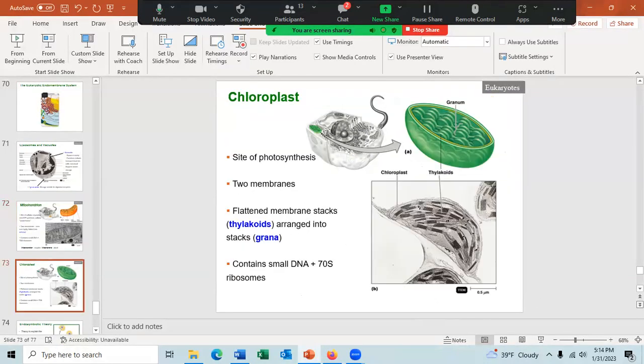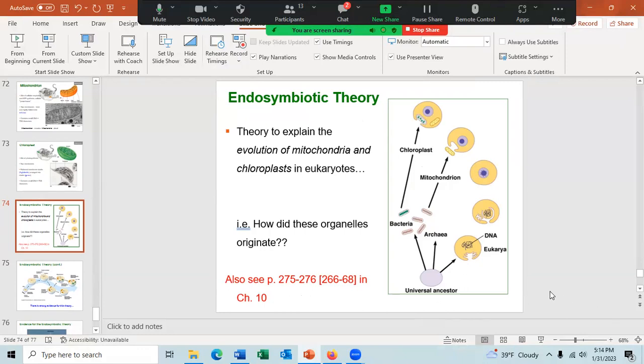And now let's talk about the endosymbiotic theory, explaining how mitochondria and chloroplasts came to be in eukaryotic cells. How did these organelles originate? And it also explains why these membrane-bound organelles have two membranes, an inner and an outer one, as well as why they have DNA molecule inside them.